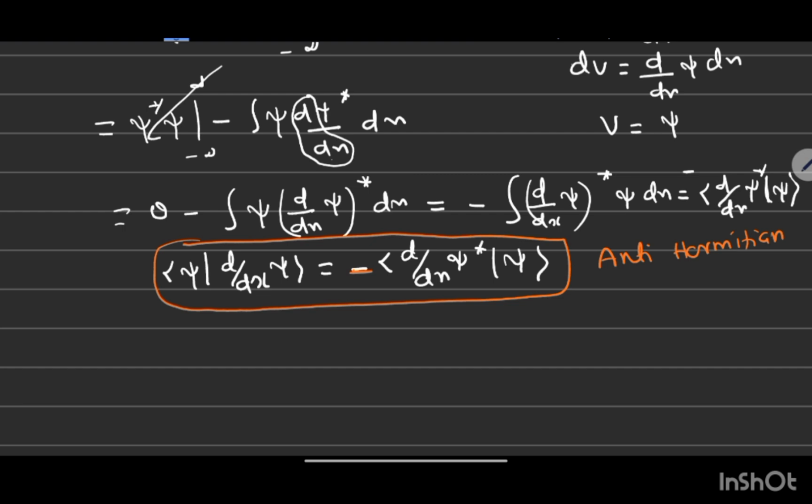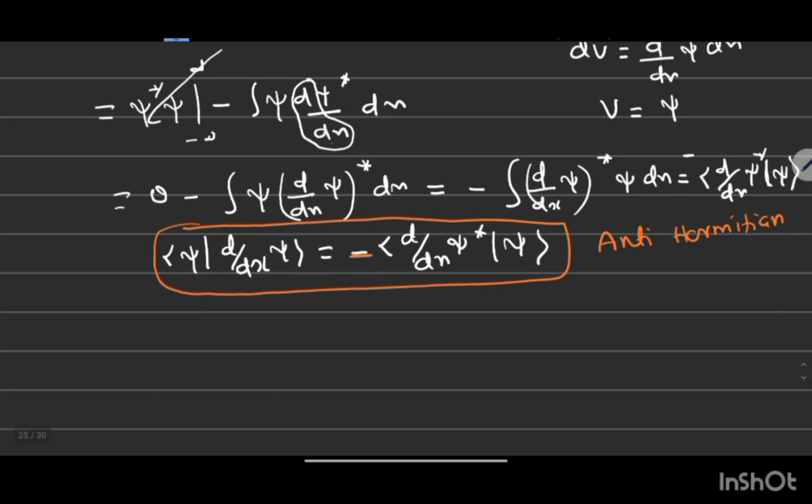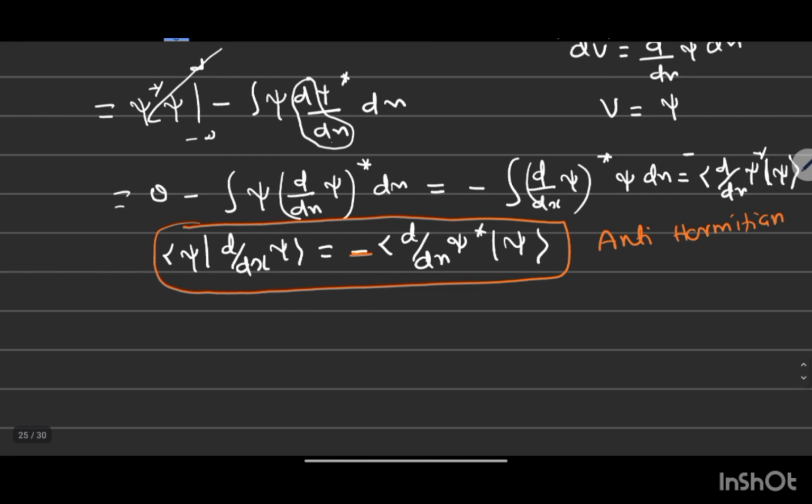And so you can also generalize. All the operators that we are using in quantum mechanics are Hermitian operators. We know the momentum operator is equal to minus i h cut times d by dx. Since d by dx is not a Hermitian operator, to make it Hermitian we have added this i.